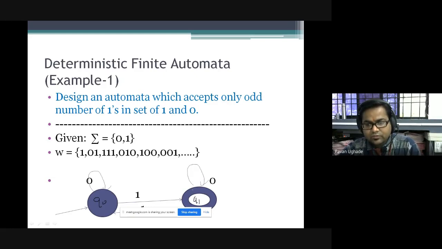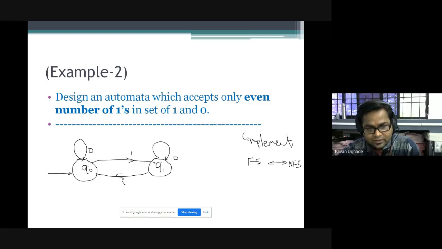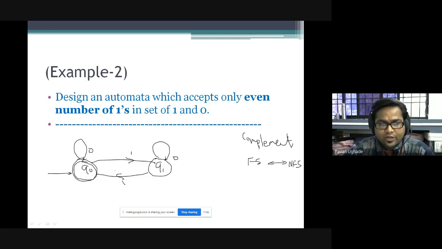Okay, q1 was your final state, now it won't become a final state. q0 was a non-final state, it becomes the final state. So here this is a final state, this is a non-final state. Okay, now this is your automata, right? It was the concept of complement of an automata where you simply make final states into non-final states.